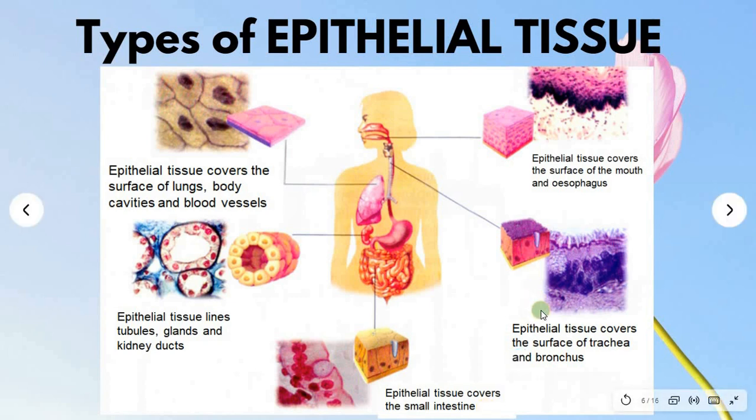Then epithelial tissue covers the surface of the trachea and bronchus, which are in our respiratory tract. Epithelial tissue also covers the surface of the mouth and esophagus. So there are a few types of epithelial tissue.